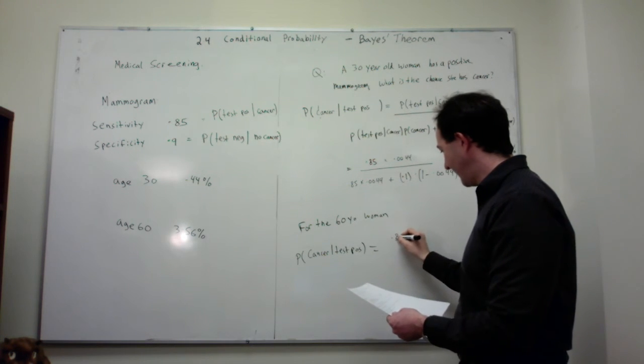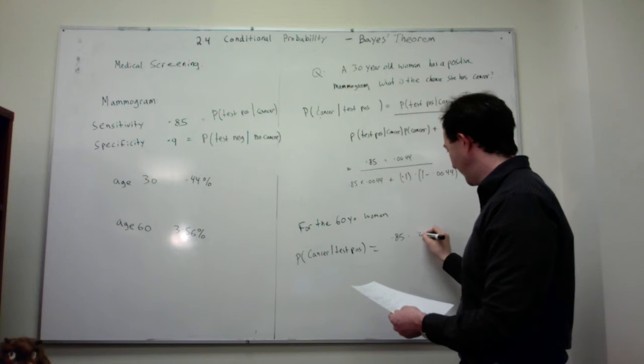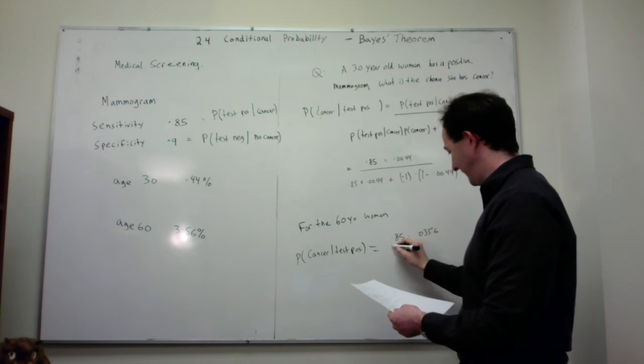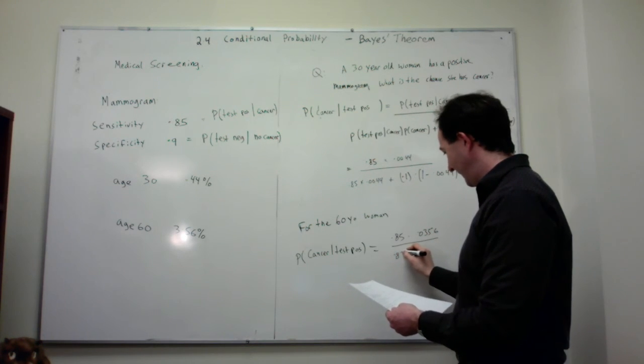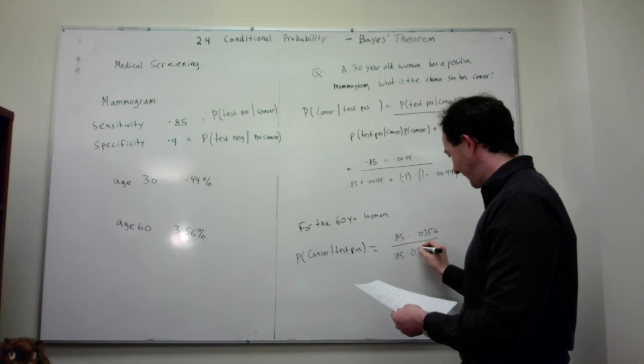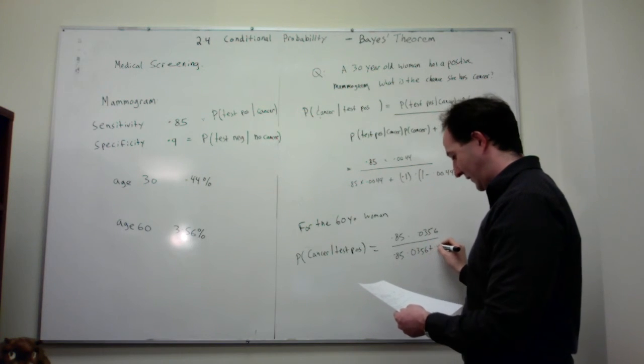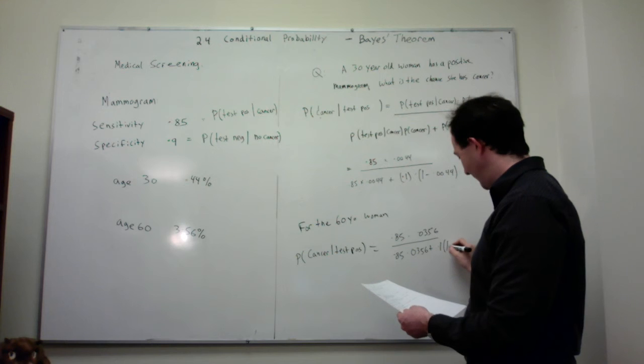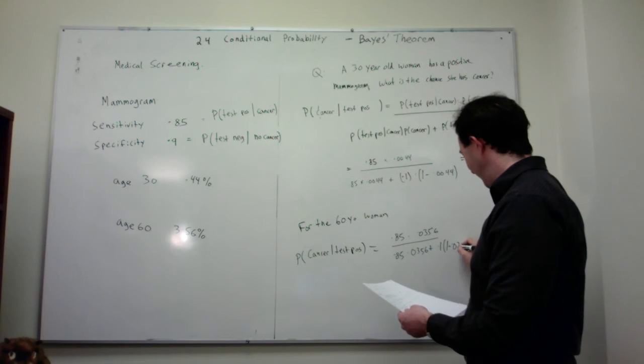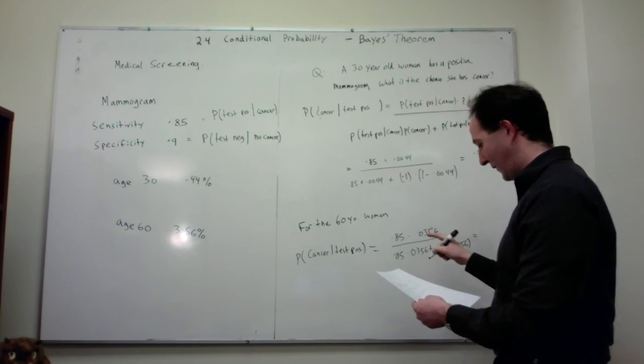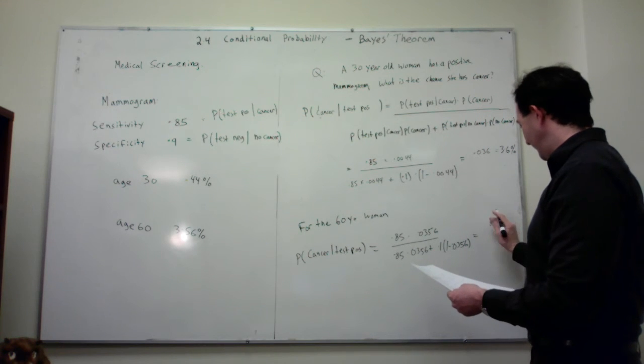So I get 0.85 times 0.0356, plus 0.1 times 1 minus 0.0356. And when I compute this out, this is 0.238.